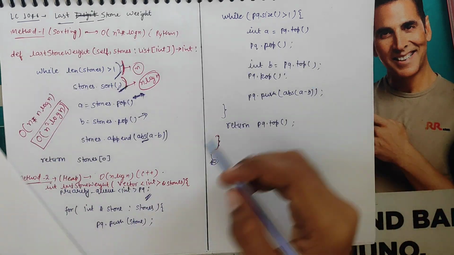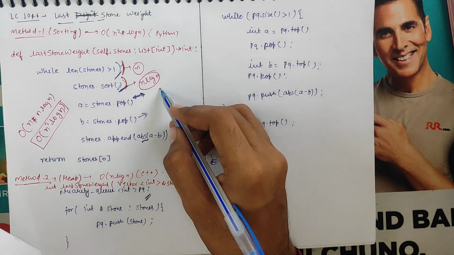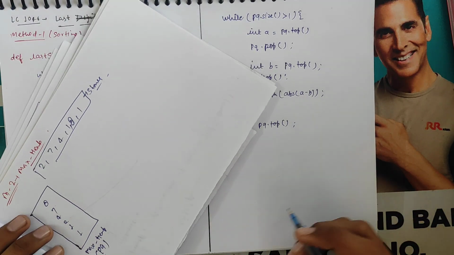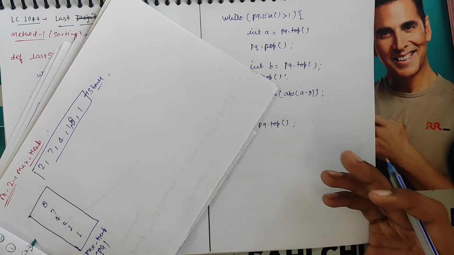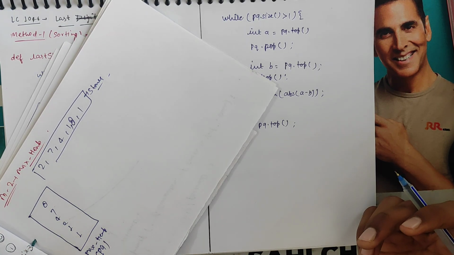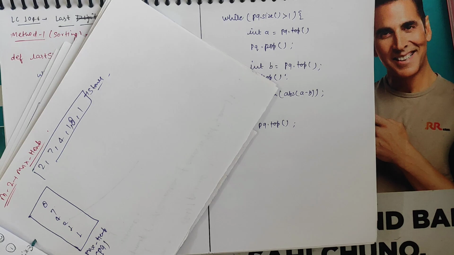Again the same operation that we did before. Until the size of the priority queue, meaning the size of the heap, is greater than 1, meaning when there is more than one element present in the heap, until then we will be performing the operations.